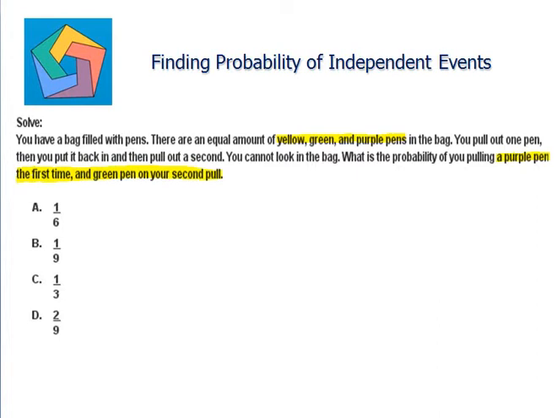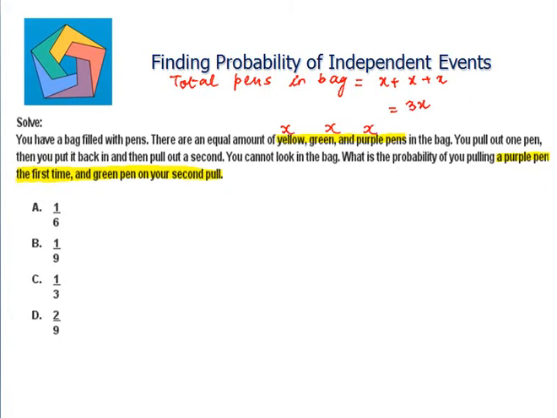So there are an equal amount of yellow, green and purple pens. Let me say there are X yellow pens, X green pens and X purple pens. So total pens in bag becomes X plus X plus X, which is 3X.